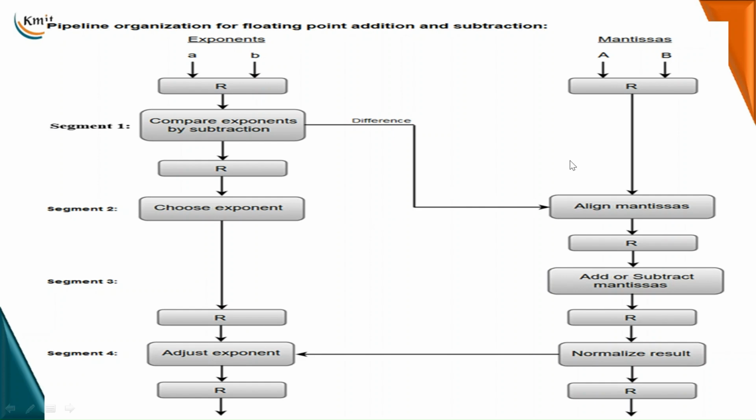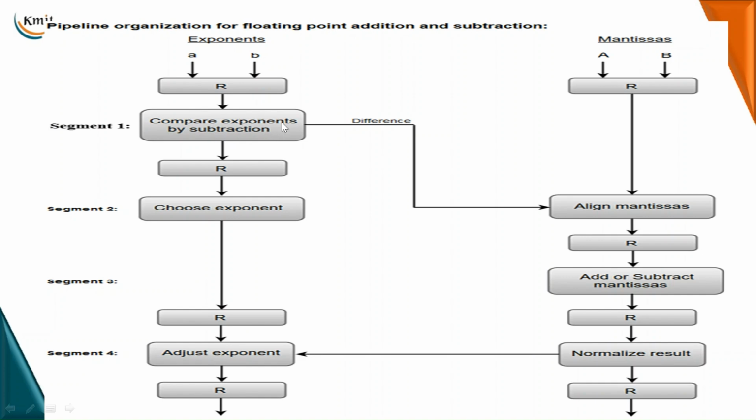Normally, when you consider any two floating point numbers, you cannot directly perform addition or subtraction on them because the exponents are different. So you have to first align the mantissa part of your data in such a way that the exponents of both fractions are the same. For that, you compare the exponents by performing a subtraction operation.